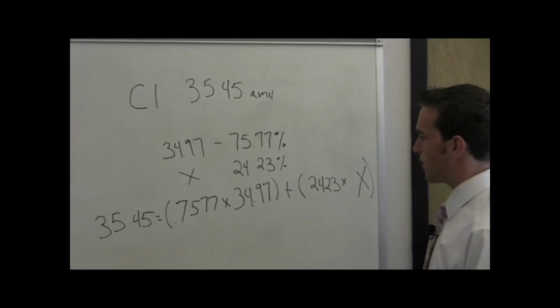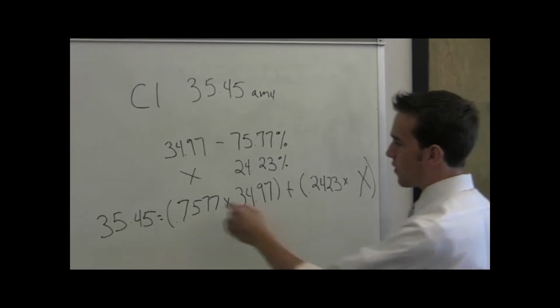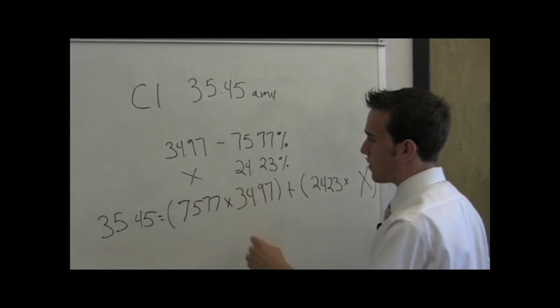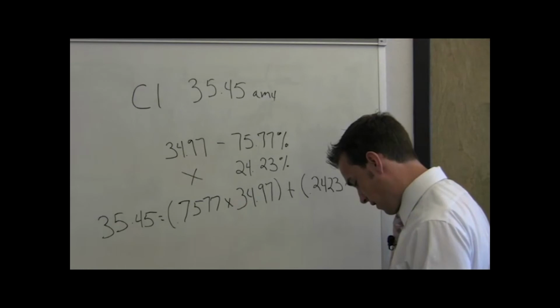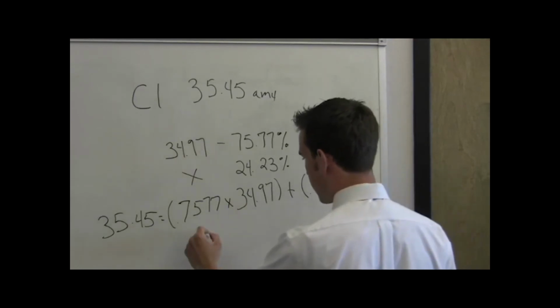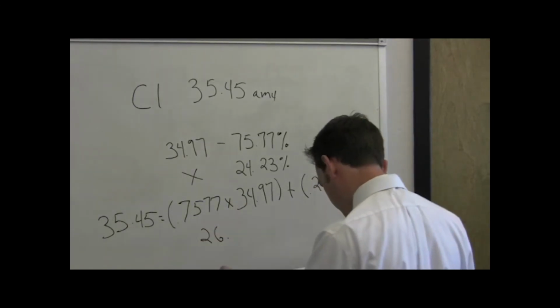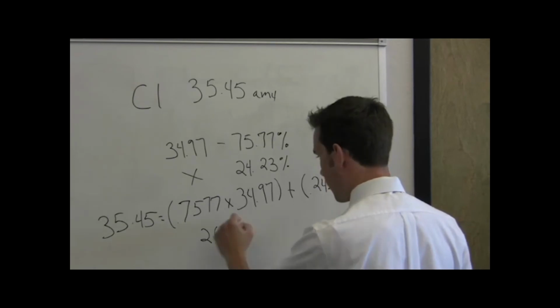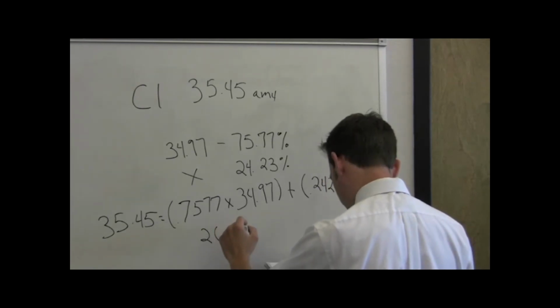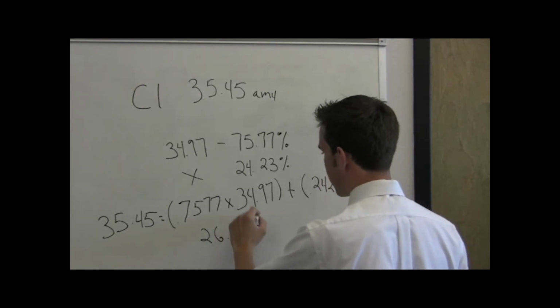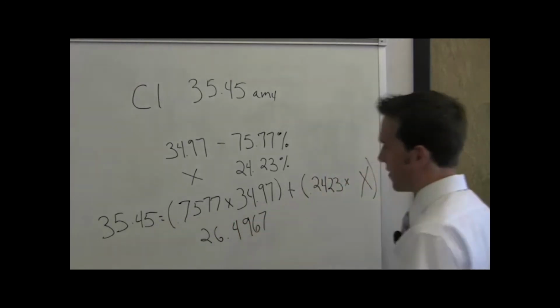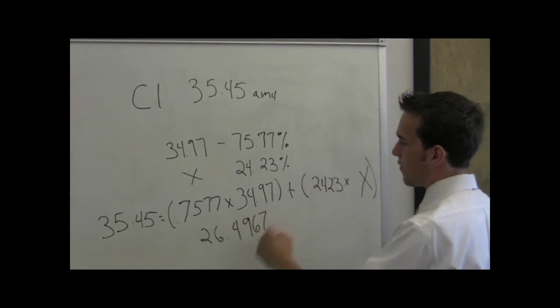If we first took care of this value and these parentheses, multiplying these two values together, that would give us 26.4967, and it goes on. But that would be our value there.